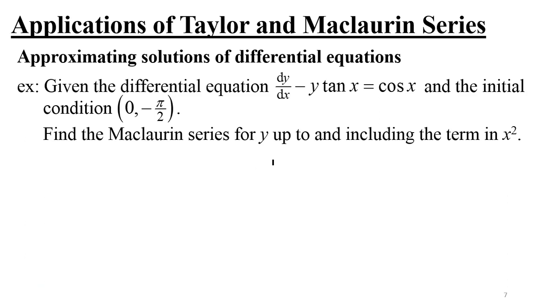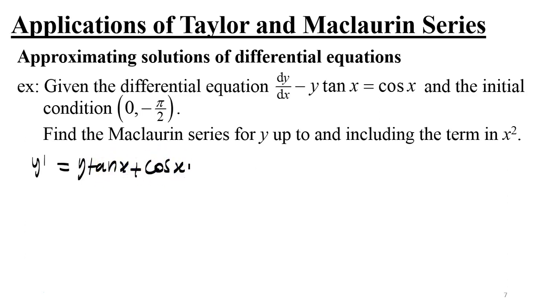So in that case, we have Taylor and Maclaurin series as an alternative to help us approximate solutions to these differential equations. So over here, my differential equation is y prime equals y tan x plus cosine x.